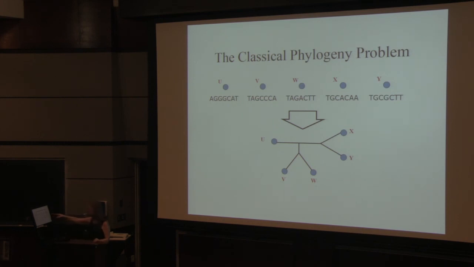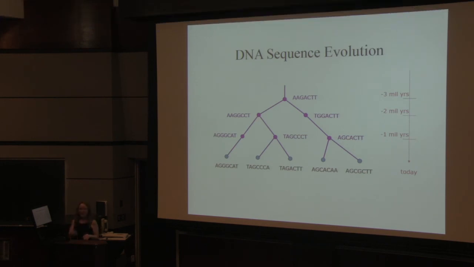So the situation here is we have 5 sequences that are the input, and the output is a tree with 5 leaves. The input is sequences that are at the leaves only, and the method for coming up with that tree is as follows. There are some standard models for sequence evolution, and the standard one, for example, Jukes-Cantor, says that the sequences evolve down a tree under a model where every edge has a probability of substitution on it, and if you change, you change to one of the other nucleotides.